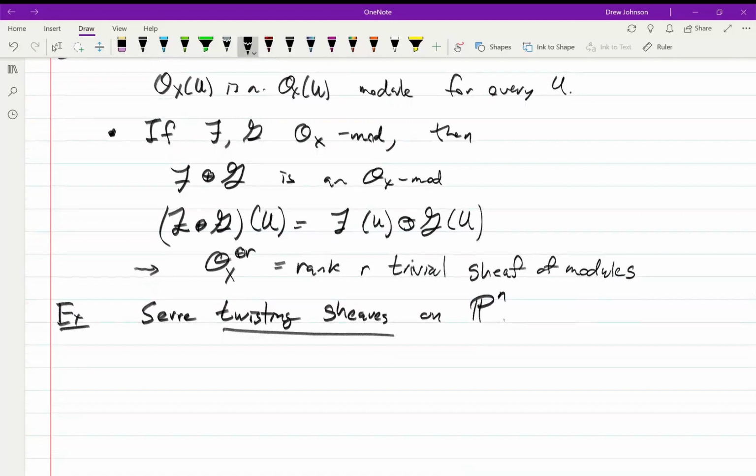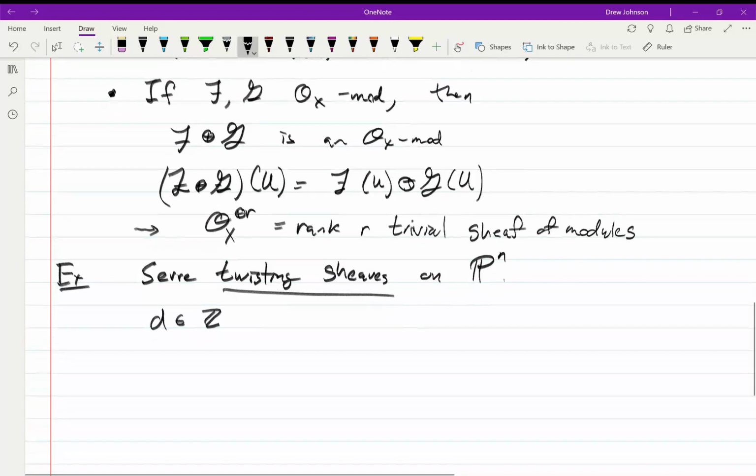What we need to do is pick a D in the integers, and for each D, we'll have one of these sheaves on Pn, and it's going to be called O_{Pn}(D). So remember, the structure sheaf was called O_{Pn}, but if you put parentheses D after it, then we're talking about one of these Serre twisting sheaves, which is a sheaf of modules on Pn.